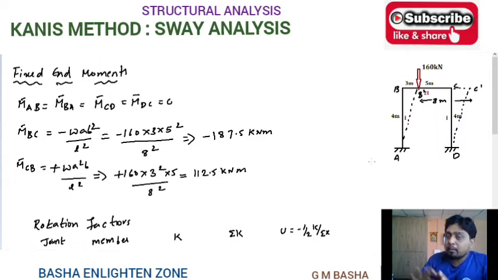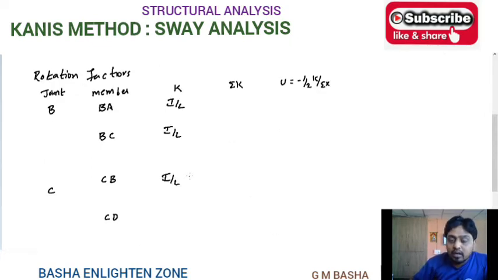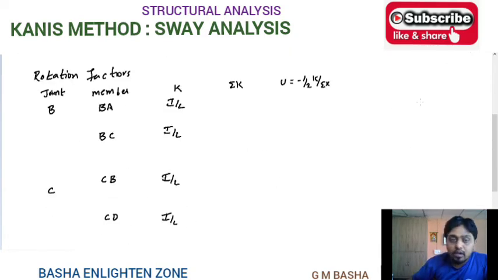Here B and C are intermediate joints considered as fixed, and both A and D are fixed. Therefore the relative stiffness of each member will be I by L only. Then for BC and CB, they are given 2I. So therefore BC and CB will be 2I.